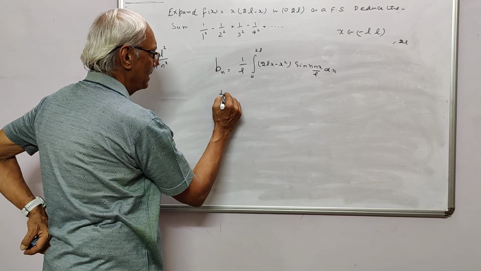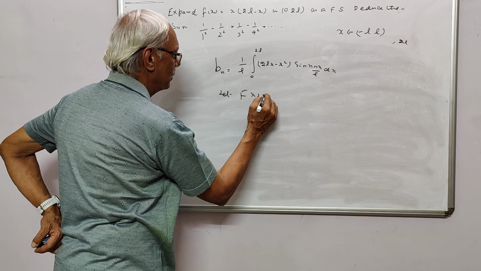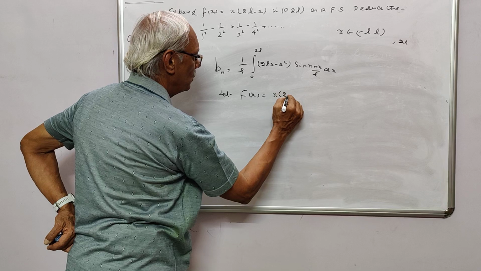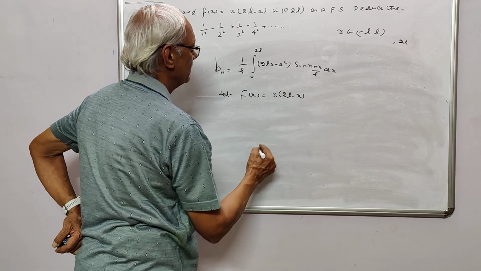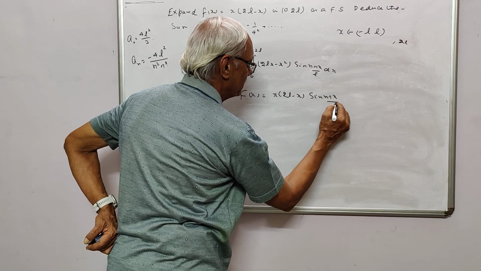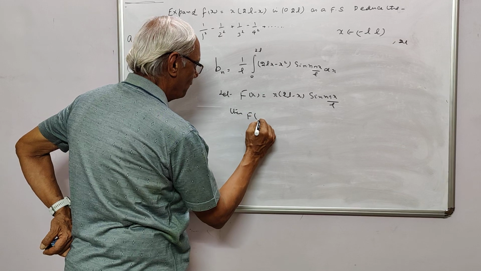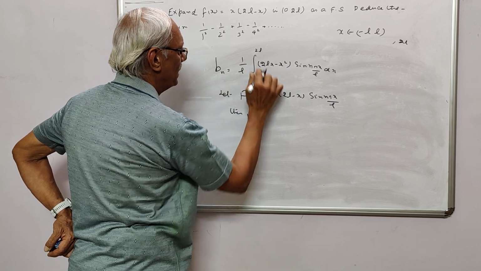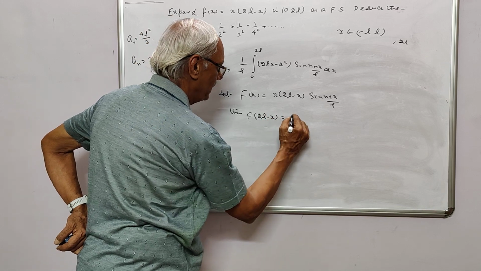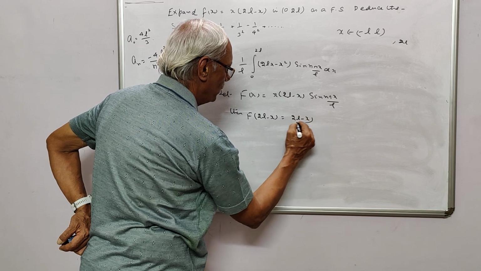Now I will write here, let f of x be equal to 2x into 2l minus x into sine n pi x by l. Then f of 2l minus x: wherever x comes you put it as 2l minus x.